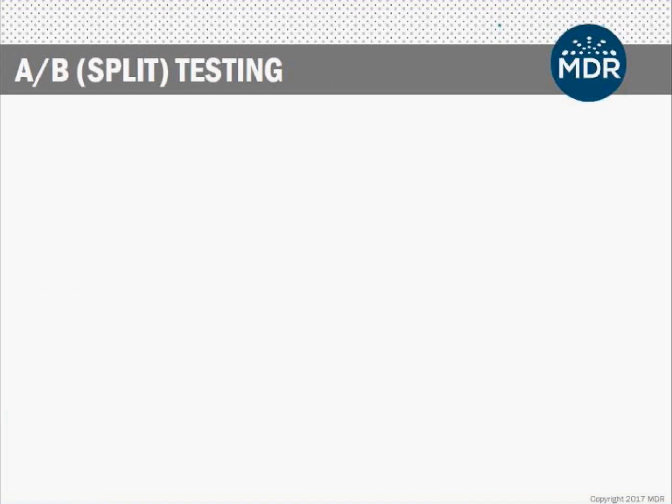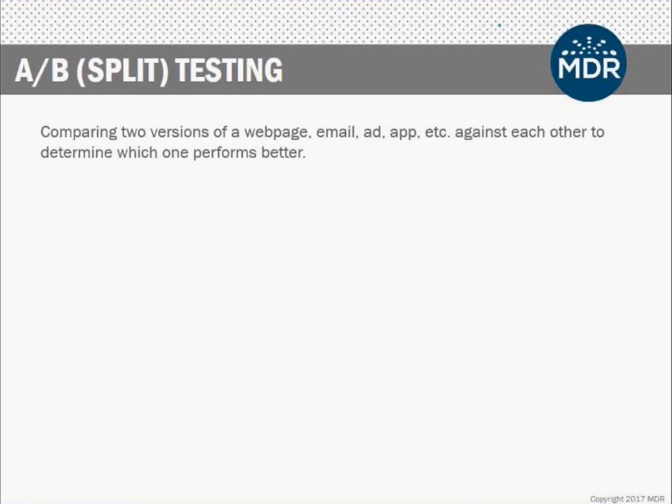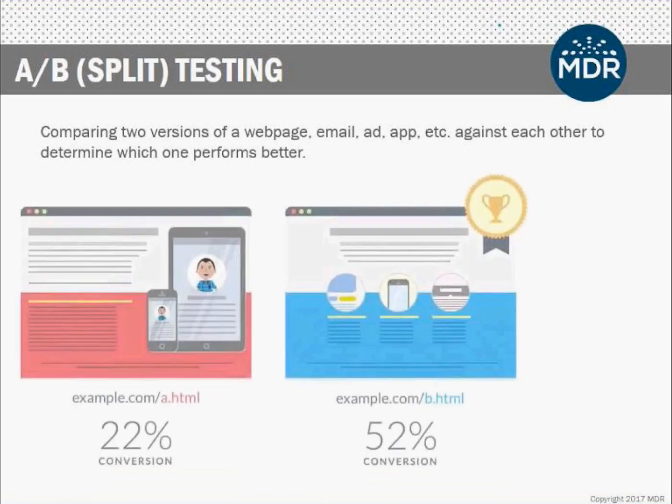Now, about the different types of testing that you can do. The one most people are really familiar with is A/B split testing. Now, real simple. You take a version of your web page, your email, your ad, your app, whatever it may be, and you test them against each other.